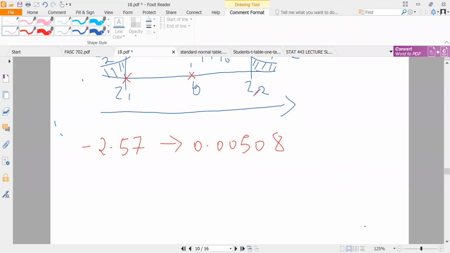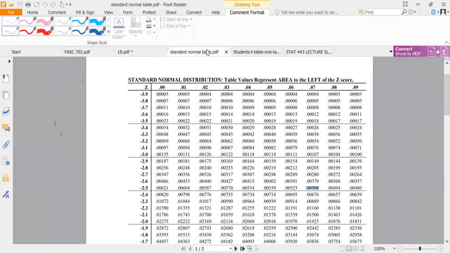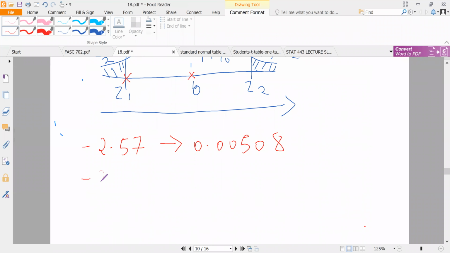And then this other probability, 0.00494, is given by the Z value of minus 2.58. So minus 2.58 gives us the accumulated probability 0.00494.